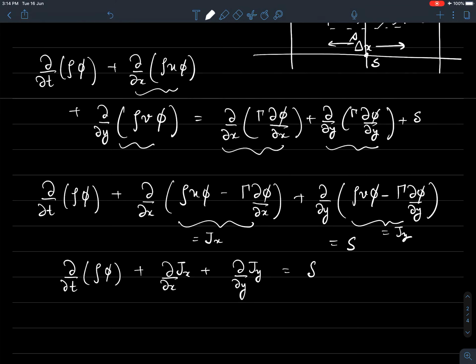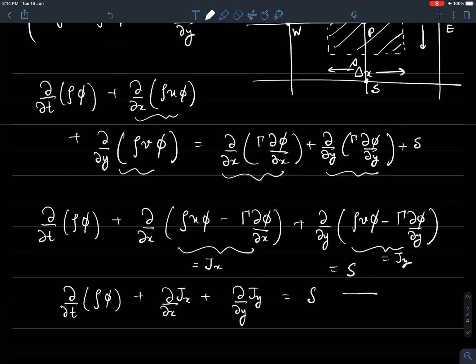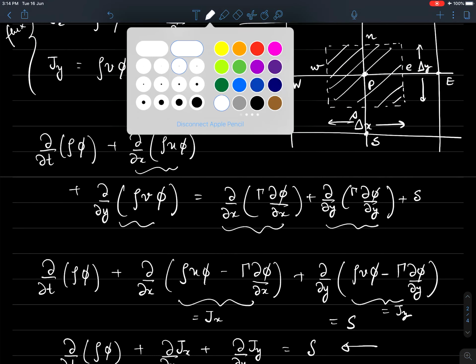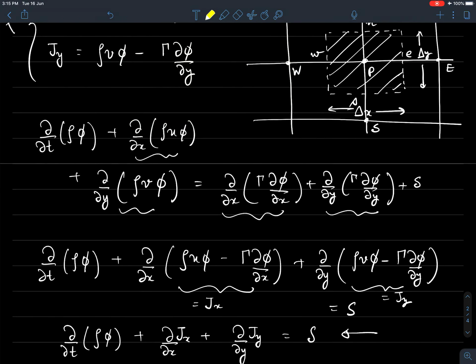Now I'm going to integrate this last equation over the control volume. So what does it give?